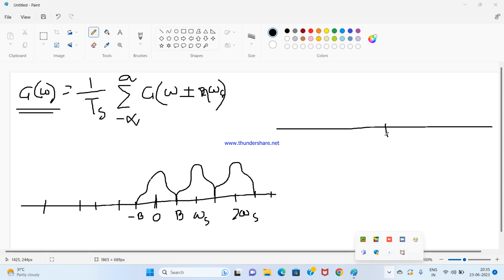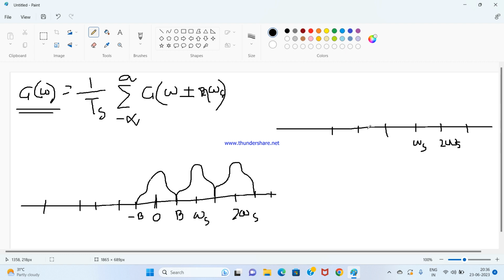So this is the same, this is omega s, 2 omega s, and so on.